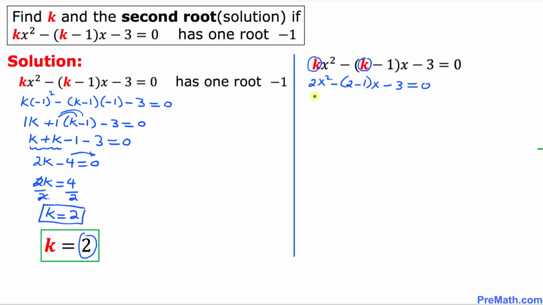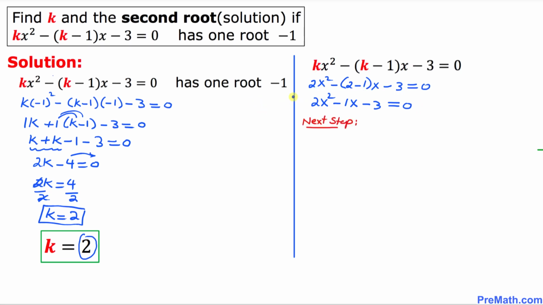So that is going to be equal to 2x squared, and here 2 minus 1 is 1. So this becomes -1x, which is -1x minus 3 equal to 0. So this is our quadratic equation.